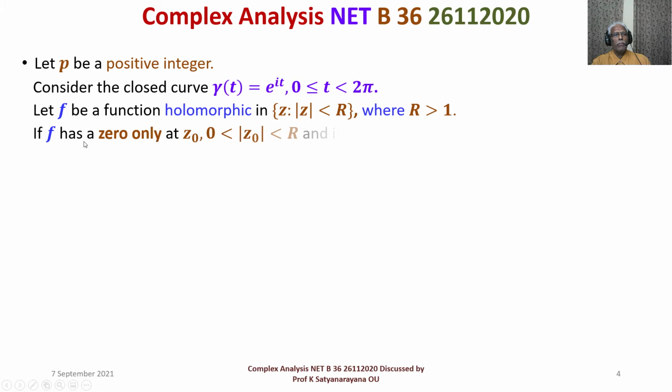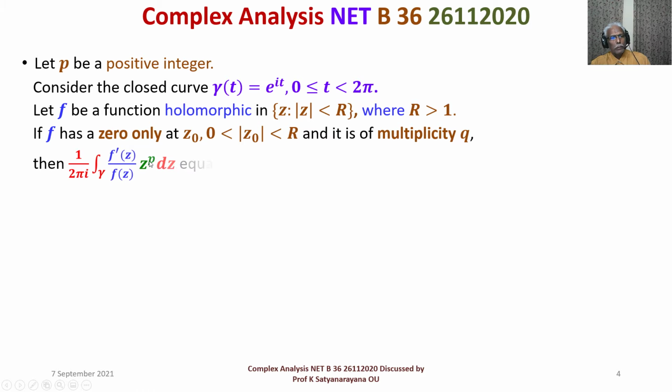If f has only one zero at z0, where 0 < |z0| < R, and it is of multiplicity q, then (1/2πi) times the integral taken along gamma of f'(z)/f(z) z^p dz equals. The four options are given to you.